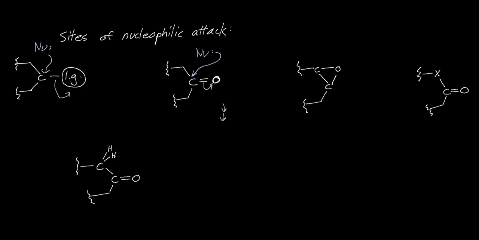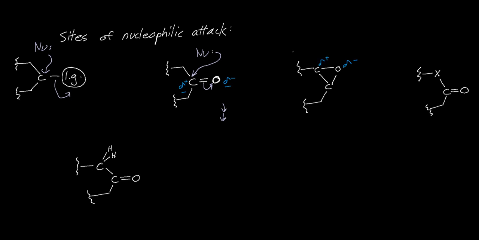This is driven by inductive effects because the carbonyl group is polarized, delta minus, delta plus. Hopefully you recognize that nomenclature. It's pretty important. Epoxides also have delta minus, delta plus inductive effects.